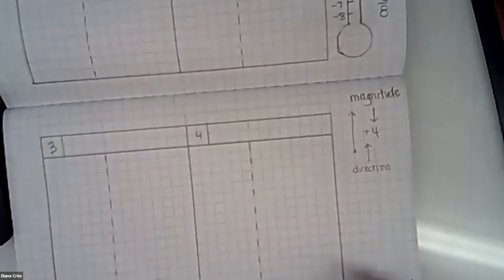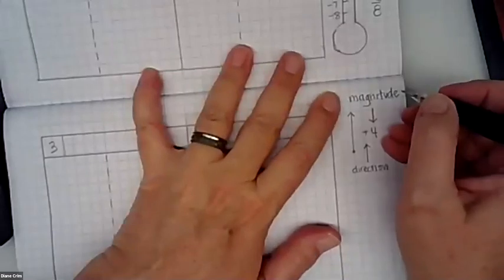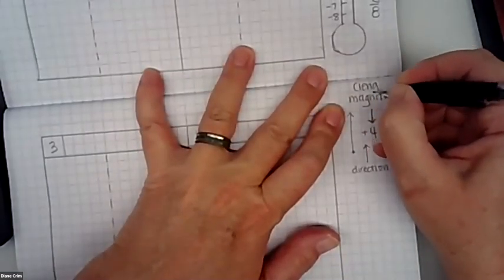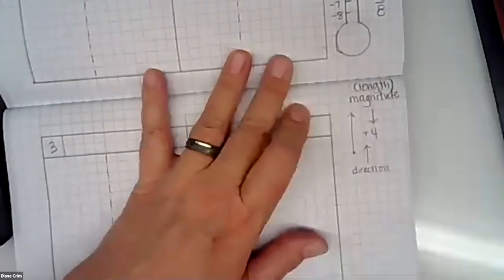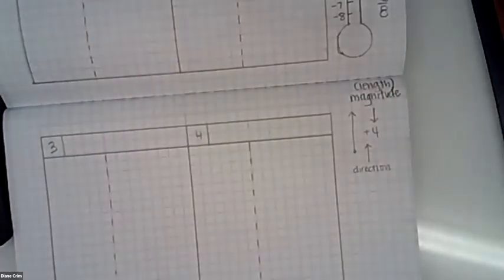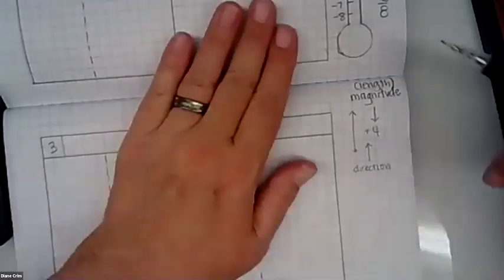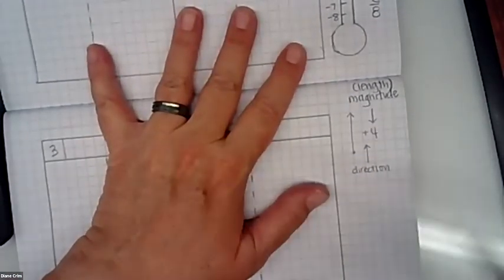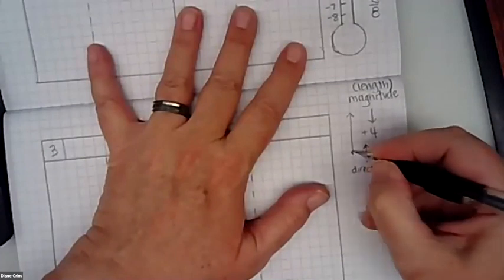I'm going to use the word magnitude a lot. I might use the word length as well. So magnitude means length. So this is meant to represent how much something is changing.